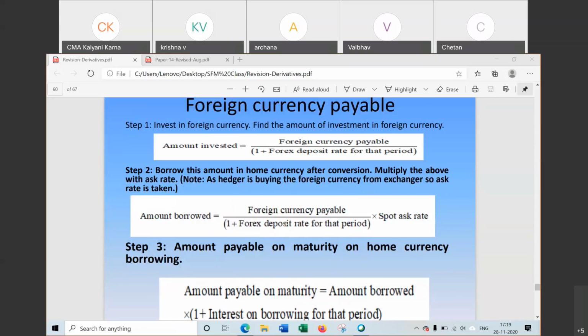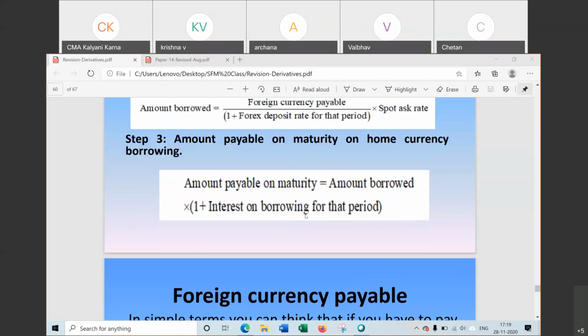So step 1 for foreign currency, this is payable. For receivable, receivable means what? We have to receive after a certain period of time. So for receivable, foreign currency receivable divided by 1 plus forex borrowing rate, into spot bid rate.